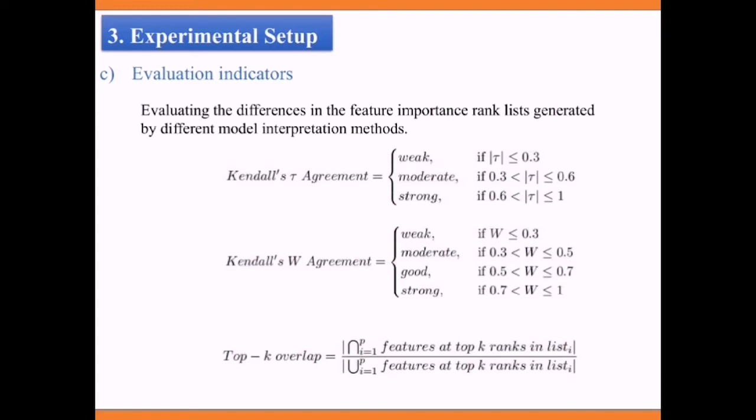Kendall's tau is a non-parametric statistical coefficient used to evaluate the correlation between 2 sequences. Kendall's W coefficient is a statistic used to evaluate the agreement on multiple sequences, and its range is between 0 and 1. Top-k overlap is used to evaluate the agreement on multiple sequences on the top k values.